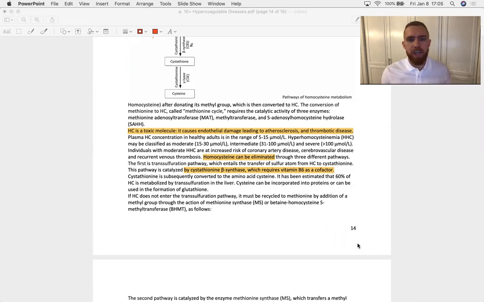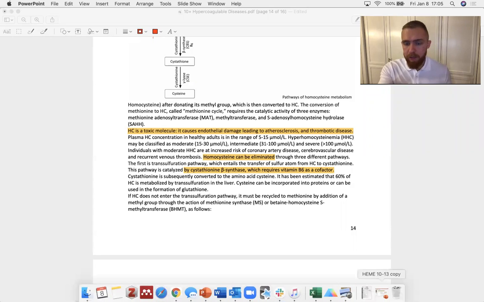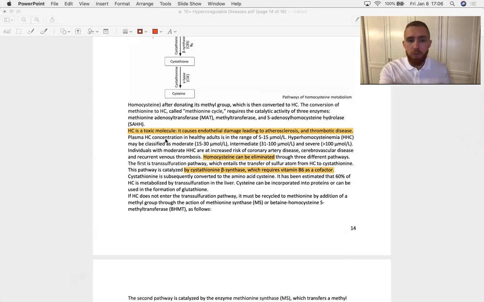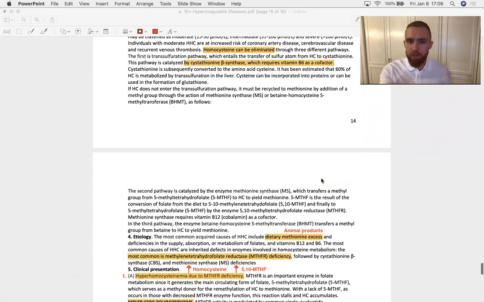Now, homocysteine can be eliminated by the body through three different pathways. And so I want to point out to you that this is why First Aid goes into detail about, oh, you need to give this patient with this enzyme deficiency B6, or you need to give this patient cysteine in their diet. It's because B6 is a cofactor that you need to get homocysteine out of the body. You need to run it through a transaminase, okay? Because homocysteine is an amino acid.